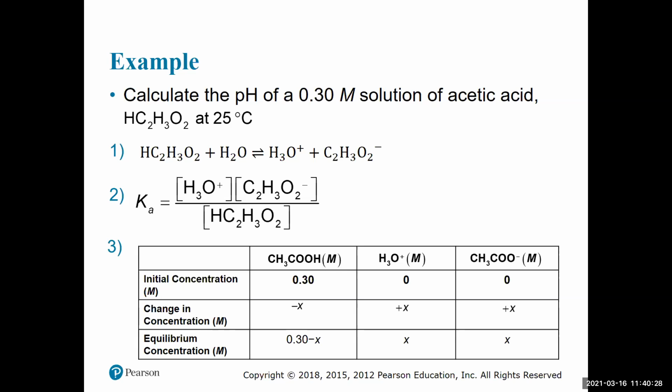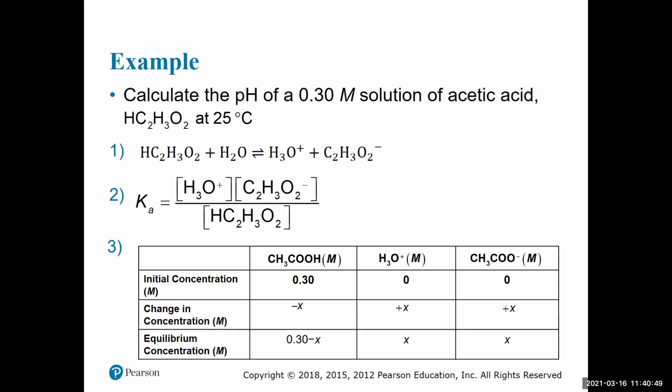We don't include the water because that's a pure liquid. We then go and set up our table. We have our reactants and our products at the top there, and remember, this is all in molarity. Then we have the initial concentration. We start out with 0.3 molar acetic acid, and zeros for the products.